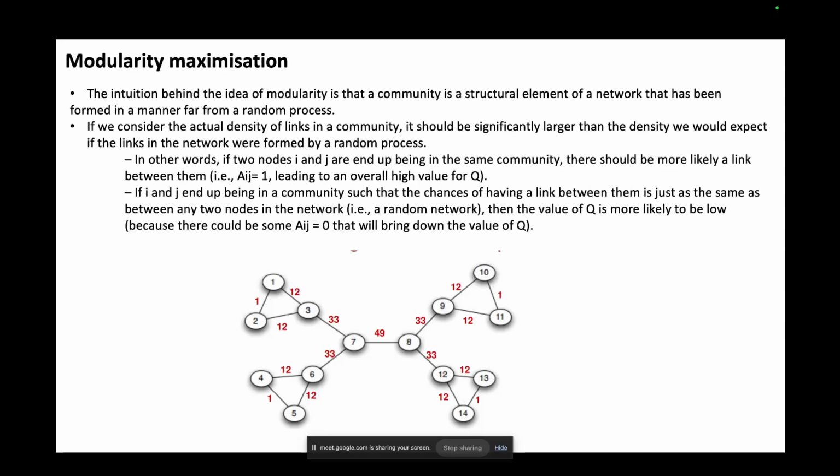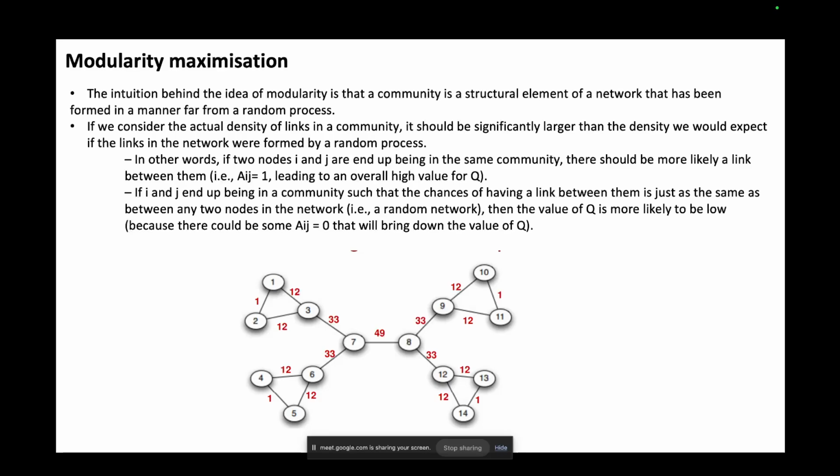So the intuition behind the idea of modularity is that a community is a structural element of the network that has been formed in a manner that is not a random process. So again, the idea of community comes from the connected hubs inside the network, but these are not at random. There are biological reasons, in our case. In other cases, there can be other reasons, depending on whatever network you're considering.